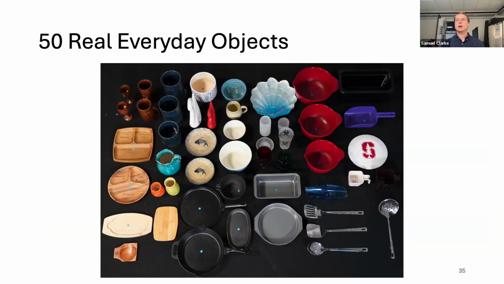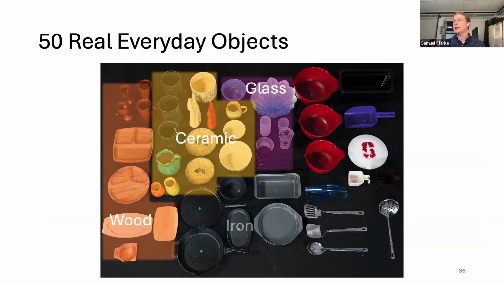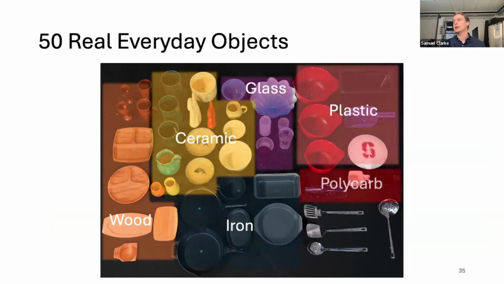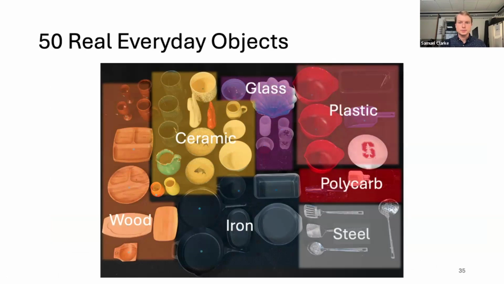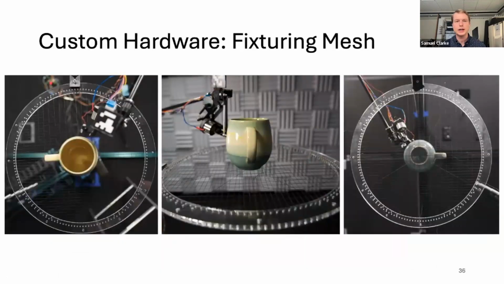For this project, we took 50 everyday real objects of different materials, including wood, ceramic, glass, iron, plastic, polycarbonate, and steel. We also designed a fixturing mesh to place these objects on. The contact conditions of an object significantly affect its impulse response, so we wanted to have as little contact as possible.